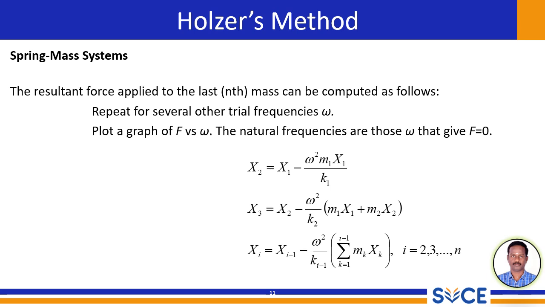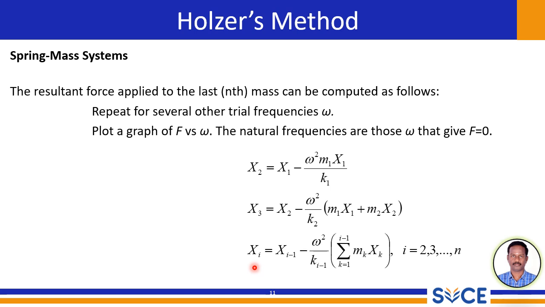Similar to the torsional systems, for a spring mass system we start by assuming the amplitude of the first mass displacement is equal to 1. Then we can use the recursive formulas to calculate the displacement amplitudes x2, x3 and so on up to the last mass.